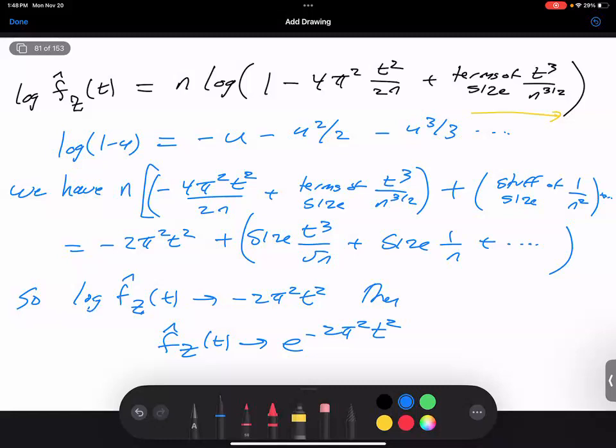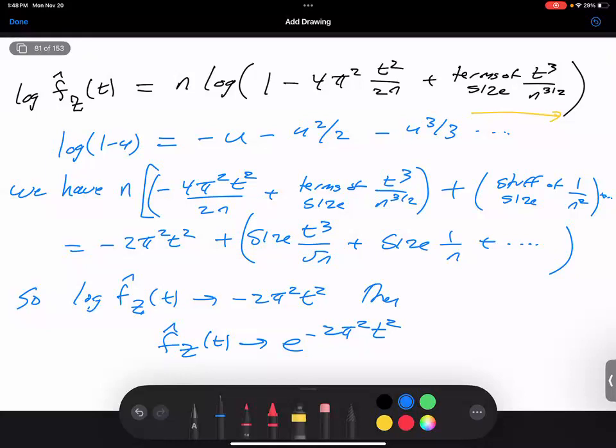I'm not going to get into enough detail here in 1 hour to cover all the different types. There's pointwise convergence, L1 convergence, L2 convergence, and also convergence where if I integrate against a test function, the integrals are the same. There are lots of different types of convergence. Basically, this is showing that pointwise, it looks like the Fourier transform is converging to e to the negative 2 pi squared. Okay, got it.